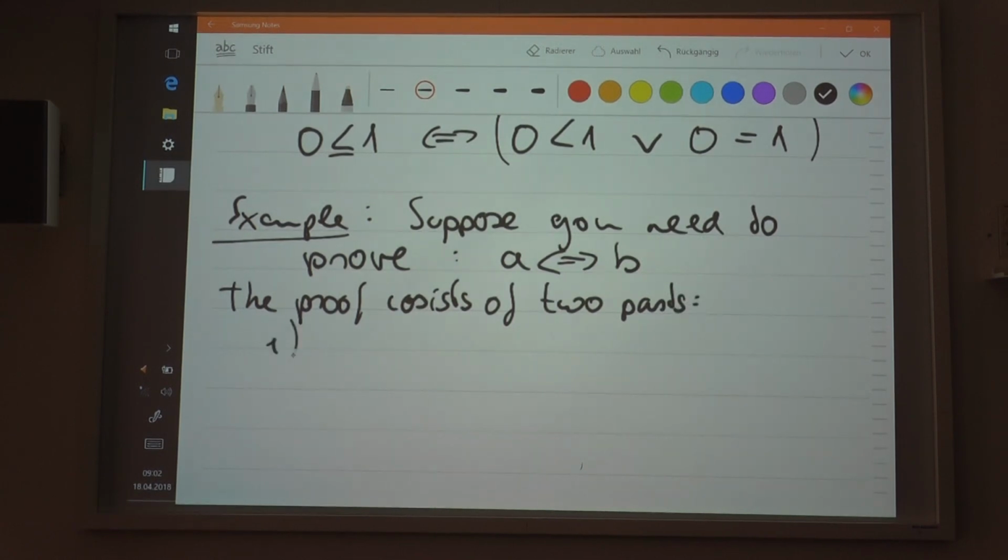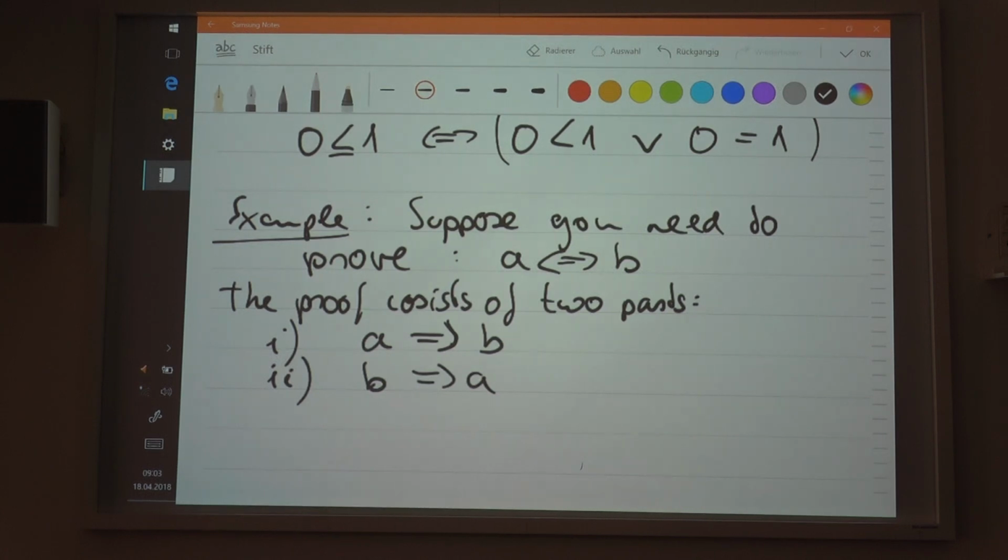The first part, you need to prove that A implies B. The second part is that you need to prove that B implies A. Only after that have you shown that the two statements are equivalent. You need to show both things, not just one. If you show just one, then you only get 50% in total. I hope this is clear, and I don't want you to fail, so you should be aware of that.